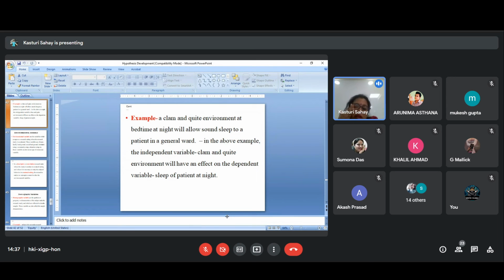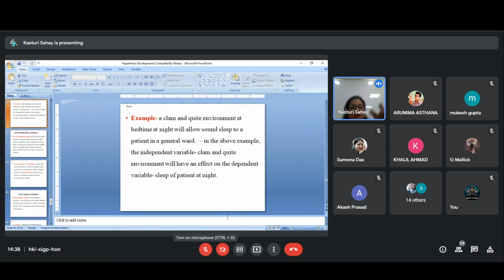So, extraneous variables could be, like, some party outside the hospital, or some wedding procession going by outside. All these kinds of influencing factors can affect your experiment over the night, or there could be thundering and lightning. These are some extraneous variables which you need to control before you conduct this experiment at night, that a calm and quiet environment at bedtime will allow sound sleep to a patient in a general ward.